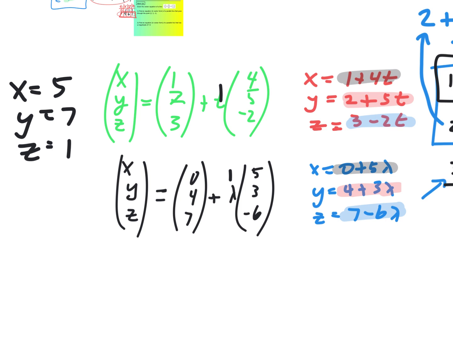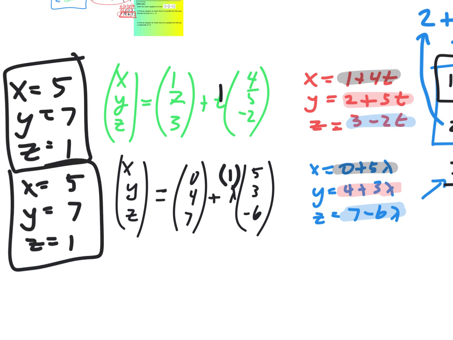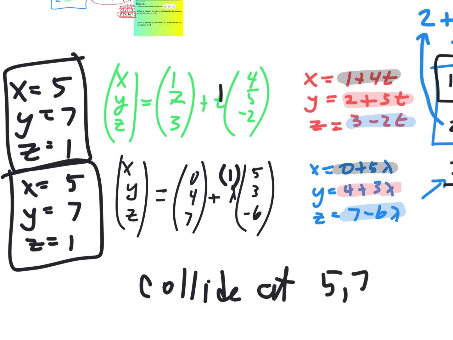And then if I put in a 1 here also, hopefully it comes out to 5, which it does. 7, which it does. And 1. Yep, they both hit 5, 7, 1. They collide at 5, 7, 1.